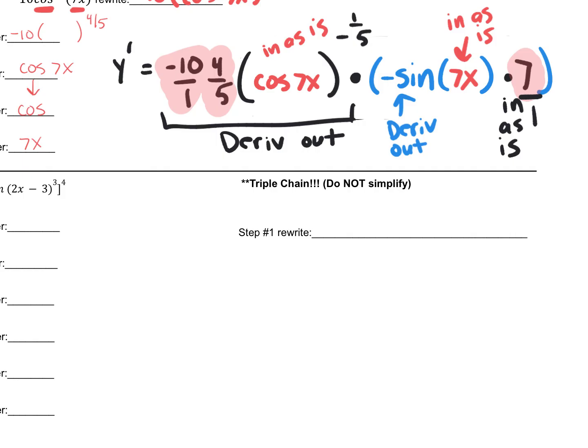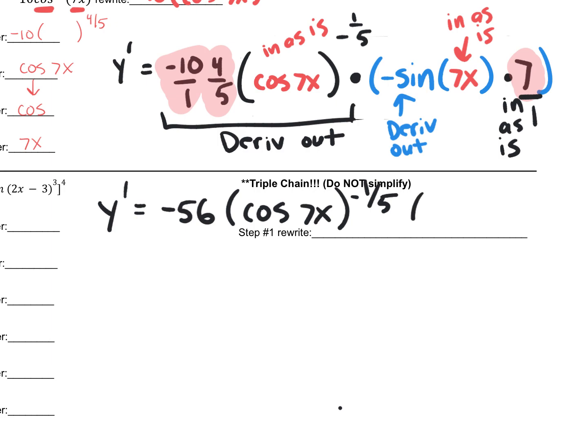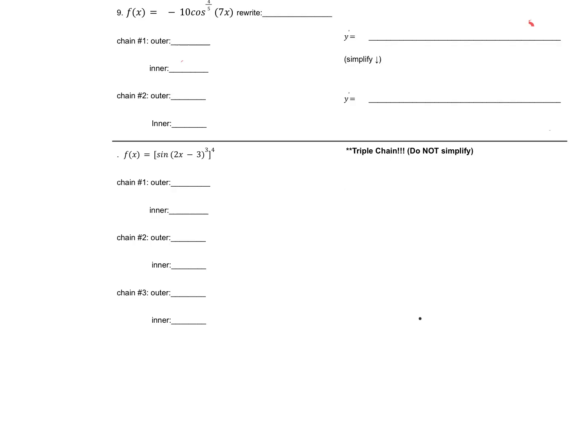So for our final best full credit answer, we have negative 56 out front. We still have a cosine of 7x, all to the negative 1/5, and then we still have a sine of 7x. There we go.